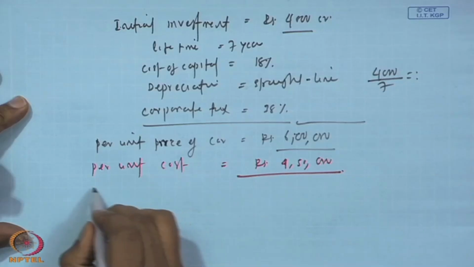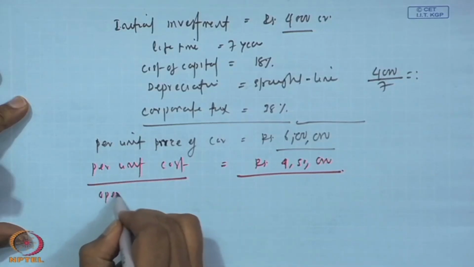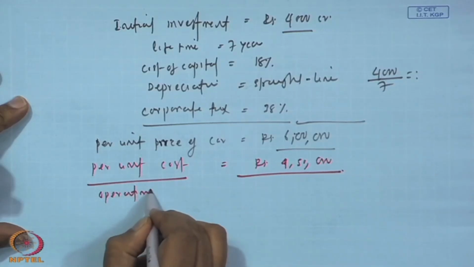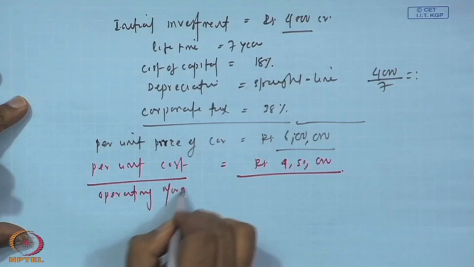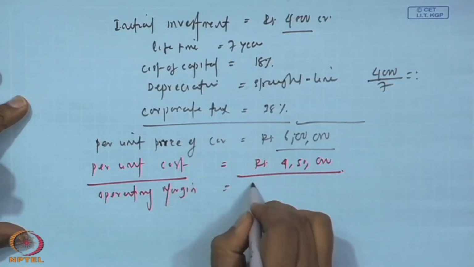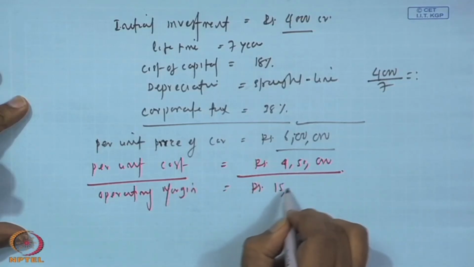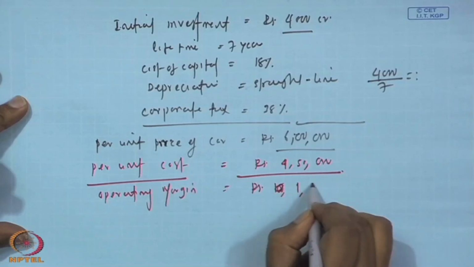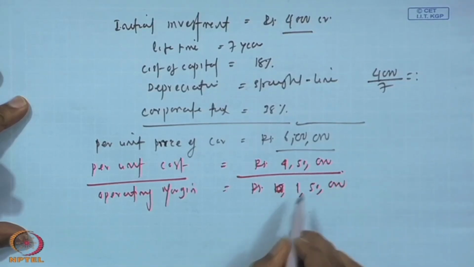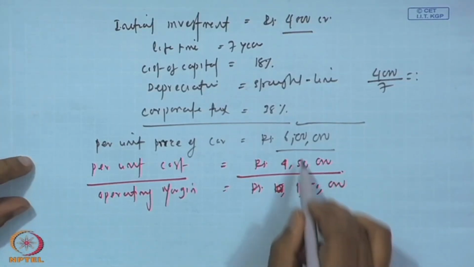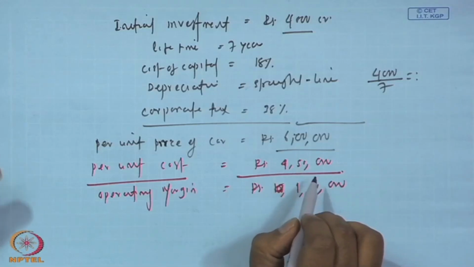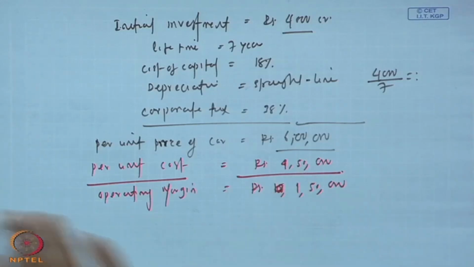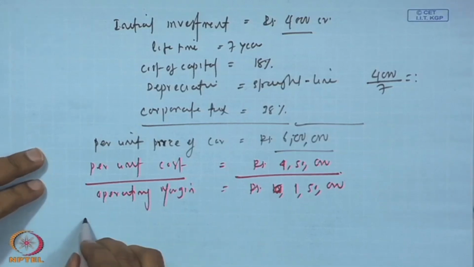So, the operating margin per unit is the difference: 6 lakh minus 4.5 lakh, that is 1,50,000 per unit margin.